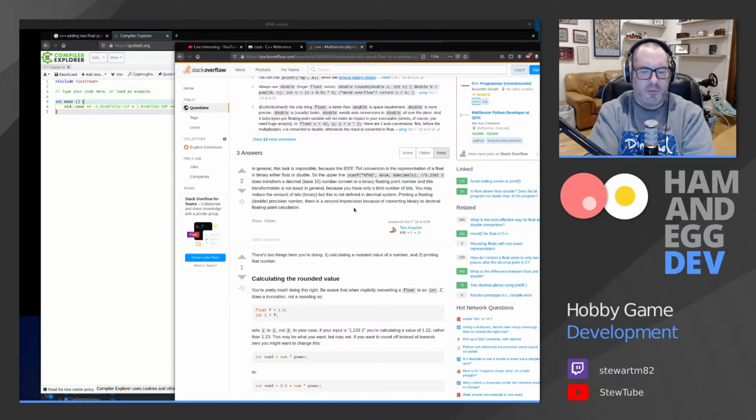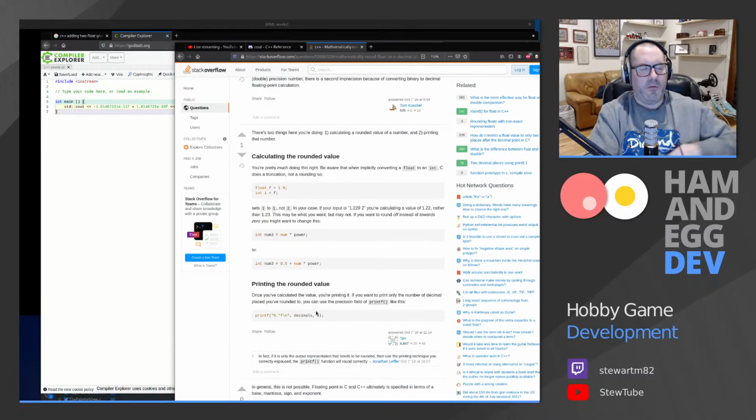Not defined in a decimal system. Printing a floating double precision number, there is converting binary to decimal floating point calculation. There are two things here you were doing. One, calculating the rounded value of a number, and two, printing that number.